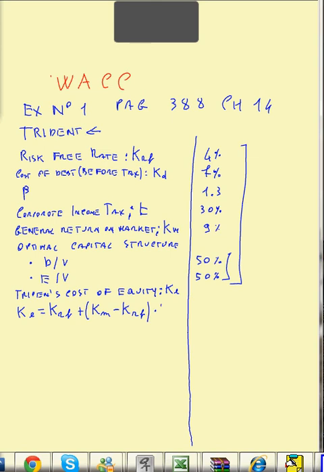So KE is equal to 4% plus 9% minus 4%, times the beta, which is 1.3, and this is equal to 10.5%.